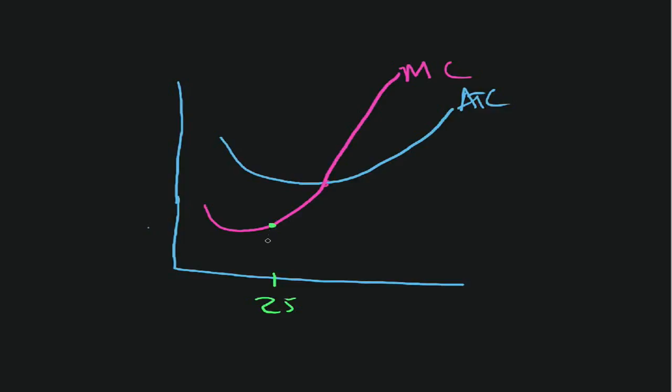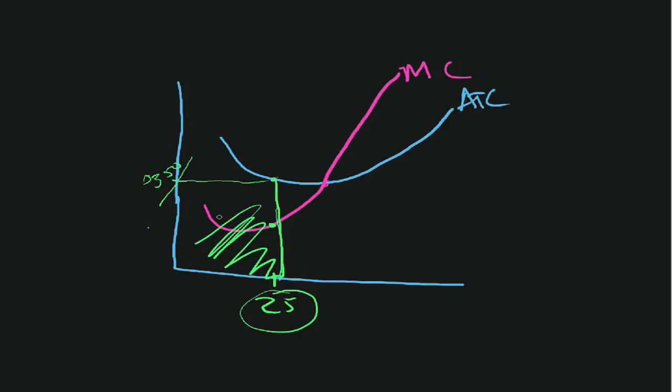But to find the total cost, you have to go all the way up here to the average total cost line, over to find this number here, let's call that $3.50, and then back down to the 25 units cost $3.50 each. And it's this rectangle here that gives us an idea of the total cost. It actually is representing the total cost right there. That's how you find the total cost.